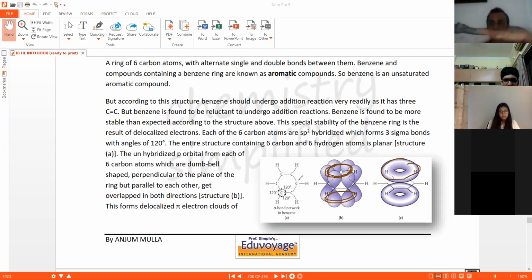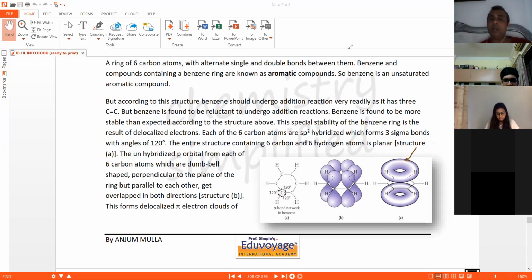So above the plane there will be an electron ring, below that there will be a ring, because the upper lobes of the six dumbbells and lower lobes of the six dumbbells coincide. So it makes two donuts above and below, and this is called the ring of delocalized pi electrons.